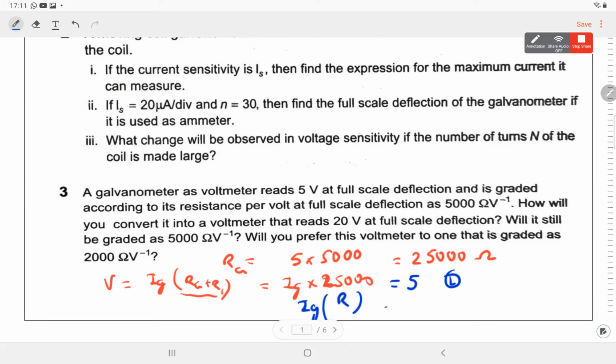Let's say the total resistance is R, and that becomes 20 volt. Here capital R is the total resistance, the external series resistance and the galvanometer coil together.